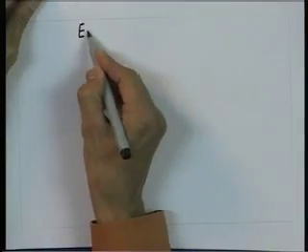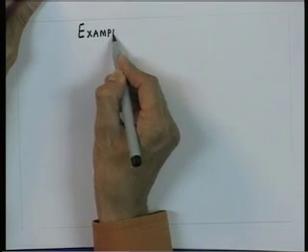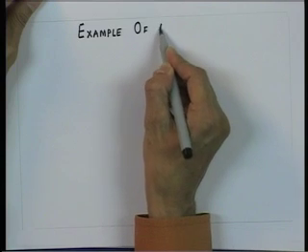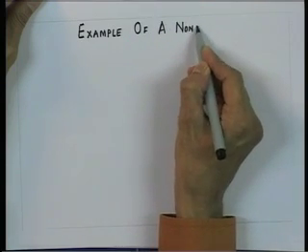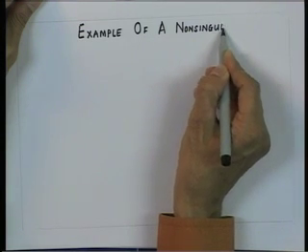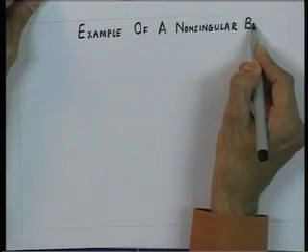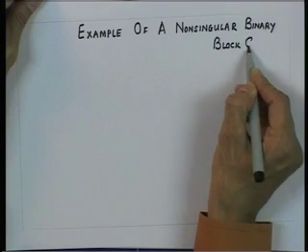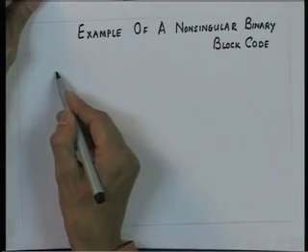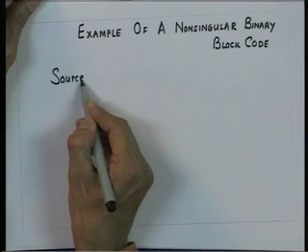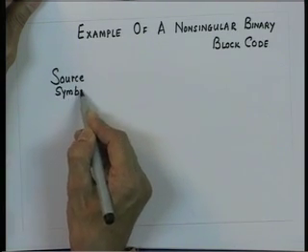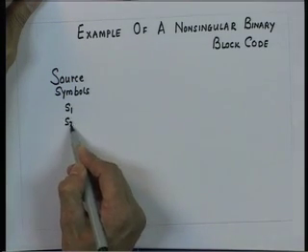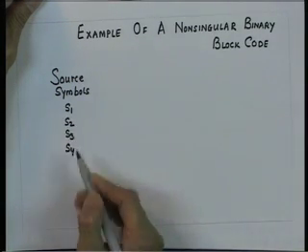An example of such a non-singular block code would be: let me again consider source symbols S1, S2, S3, S4.